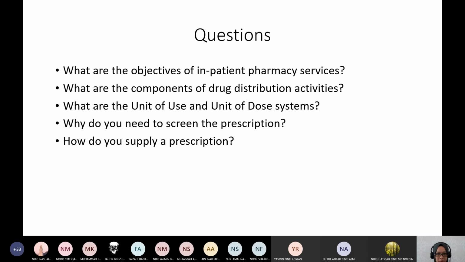The objective of inpatient, one, supply intravenous solution and prepare disinfectant. Okay. What are the main roles? What is the main function of inpatient? That is part of the main role.